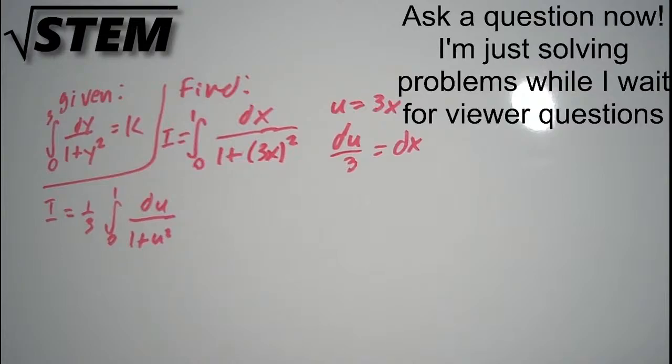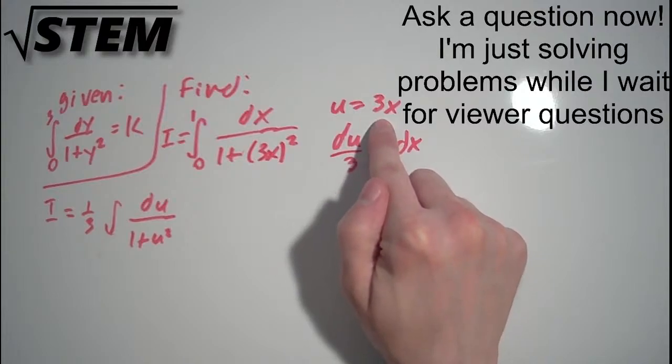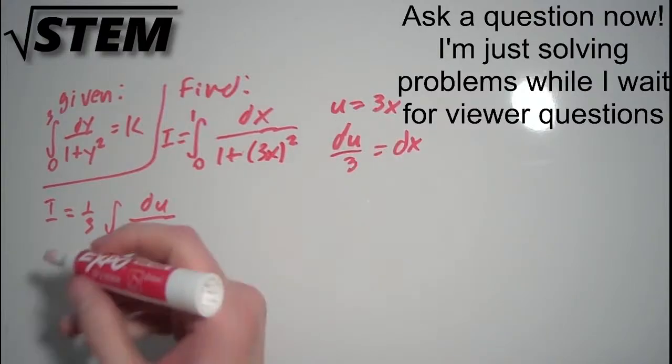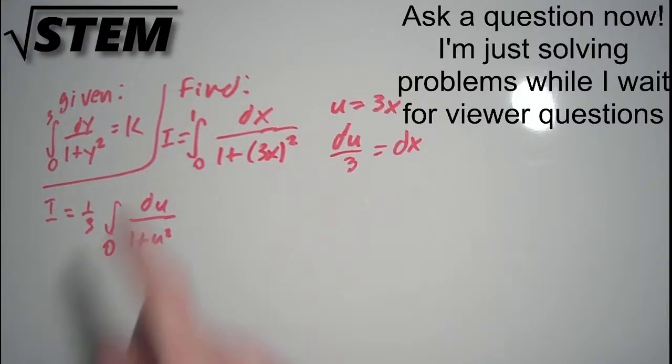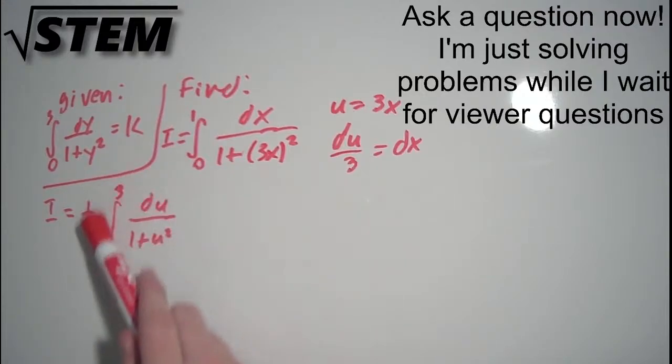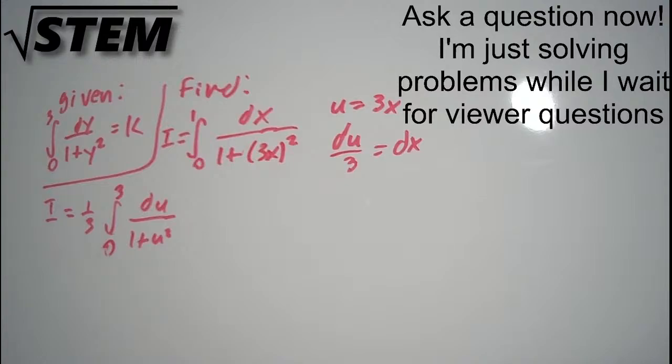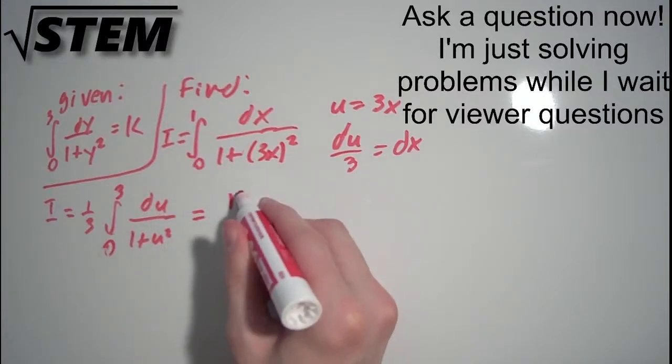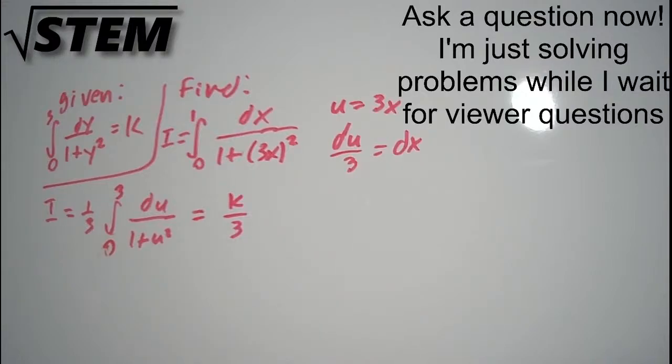So if k is this integral from 0 to 3, oh, also, our boundaries changed. That might take care of itself. So when x is 0, u is 0. And when x is 1, u is 3. It did take care of itself. So now this is exactly equal to k. So this is k over 3.